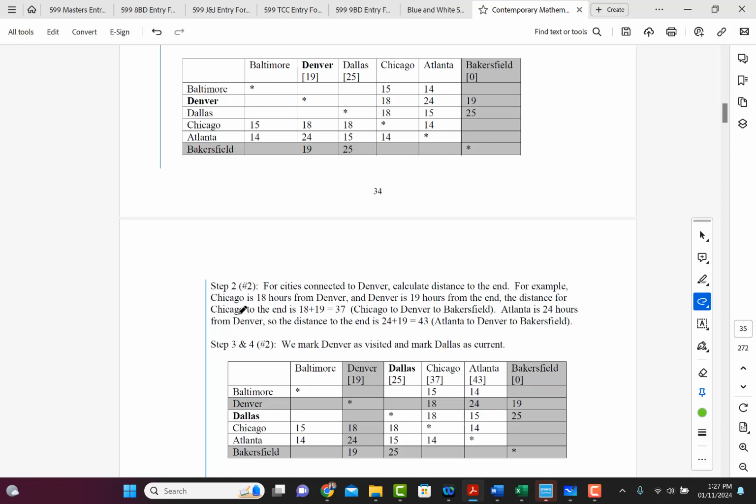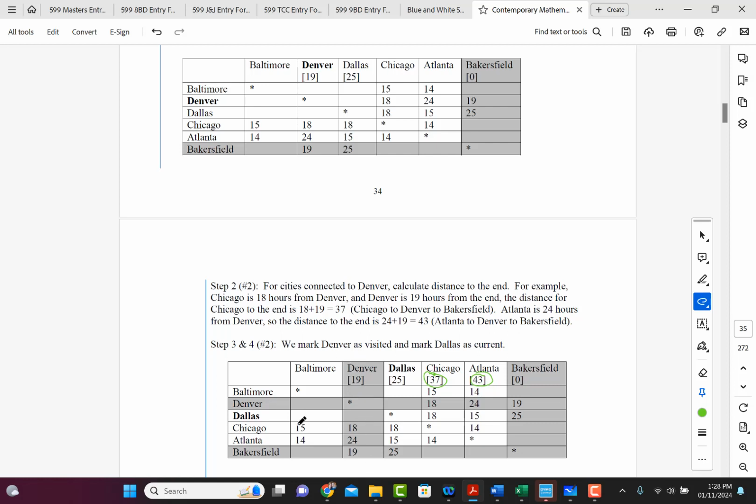So the distance from Chicago to the end would be 18 plus 19, which is 37. Notice here we have in brackets 37 for Chicago. Then we do the same thing for Atlanta, which is 24 plus 19, giving us 43. Now we mark Denver as visited.